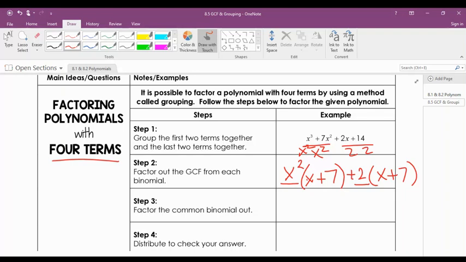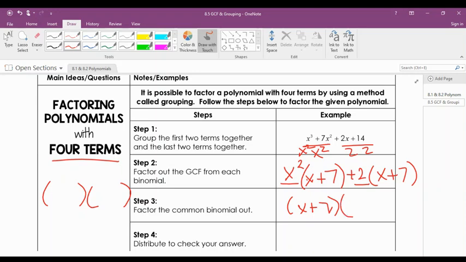Now I hope you're going to see that we have matching parentheses. If you don't have matching parentheses, something went wrong, because for the grouping, we're going to have matching parentheses. And that is going to be part of your answer, because we're making 2 sets of parentheses.